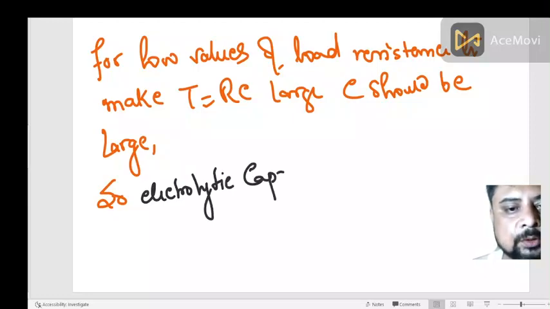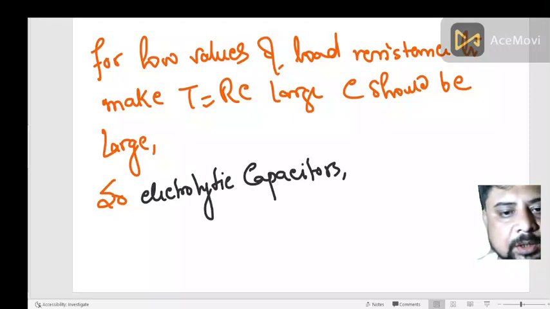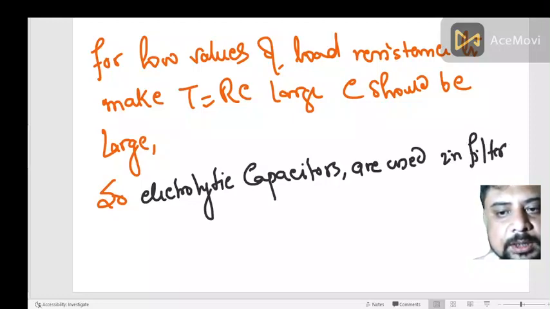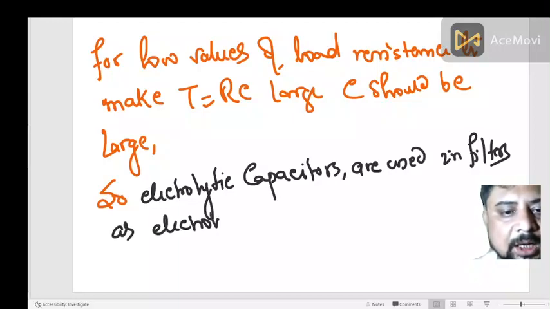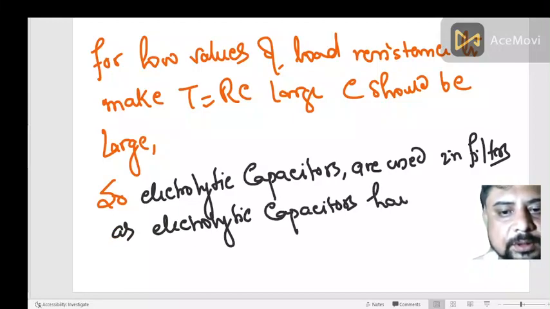If you want to know more about electrolytic capacitors, you can tell me in the comment section, and I will make a separate video. Electrolytic capacitors are used in filters as they have large capacitance.